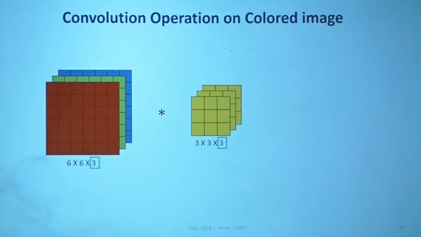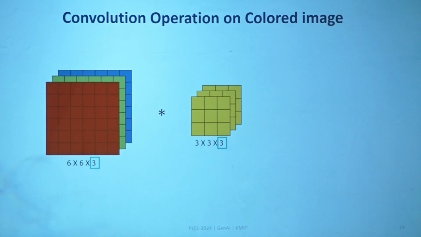Just recollect how the convolution happens. The first channel of the filter is convolved with the red channel of the image, the second channel of the filter with the green channel, and the third channel of the filter with the blue channel.